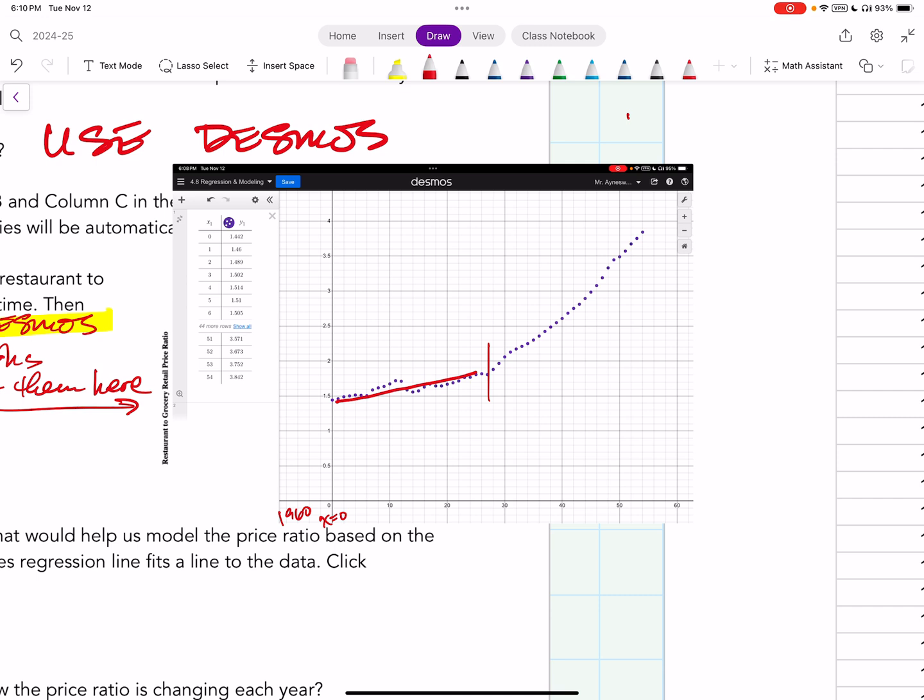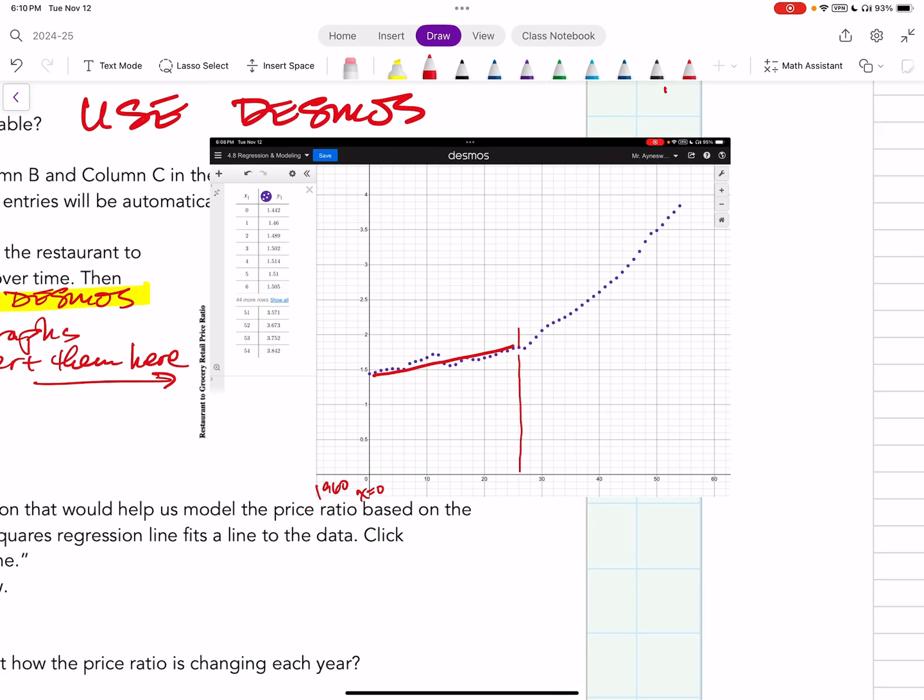All right, which is what year? Let's take a look at this year right here. This looks like 22, 24, 26. So 26 at x equals 26. Now we're talking about years since 1960.